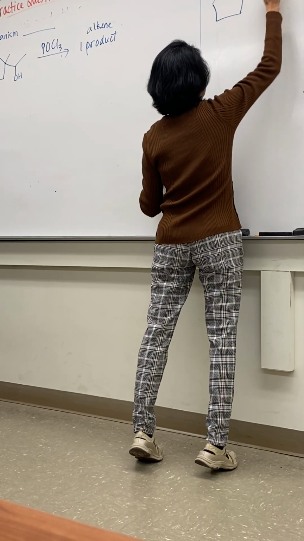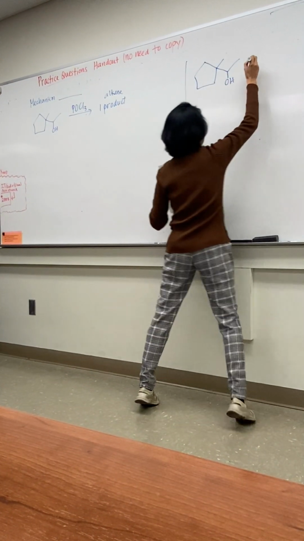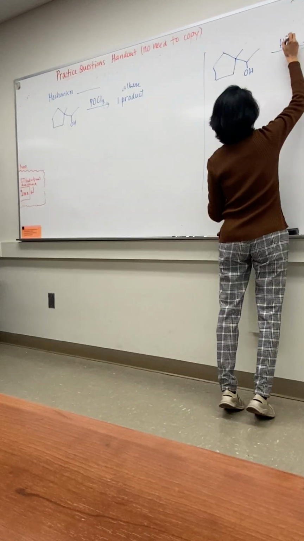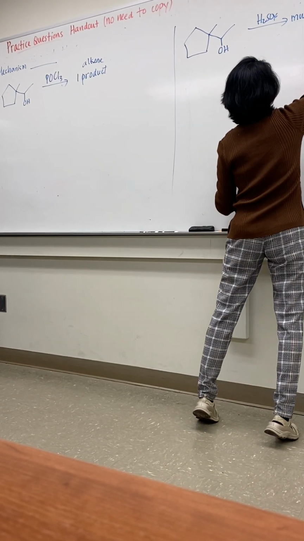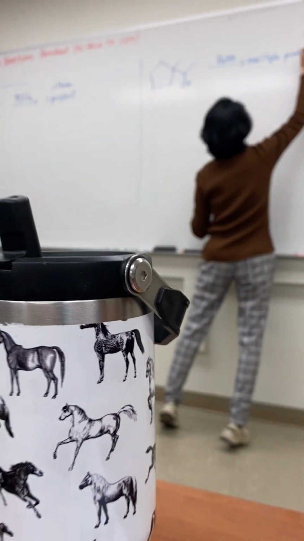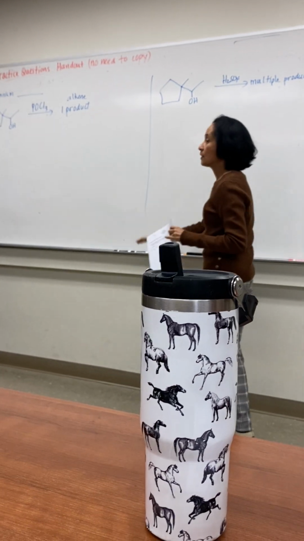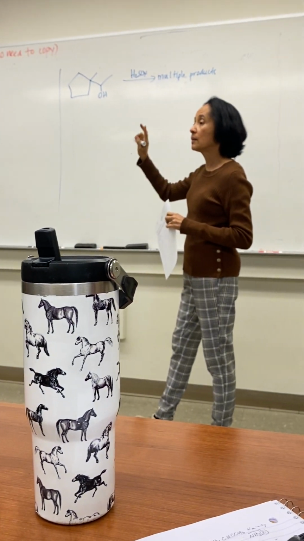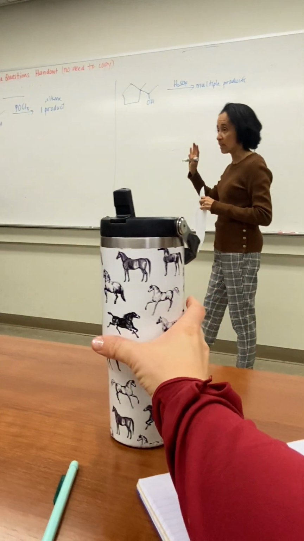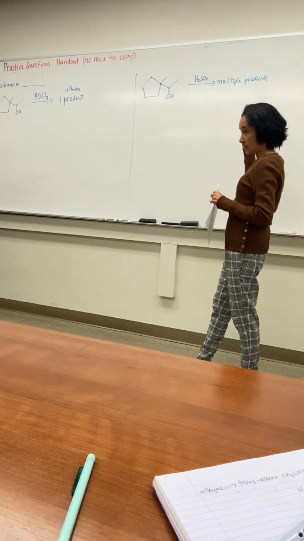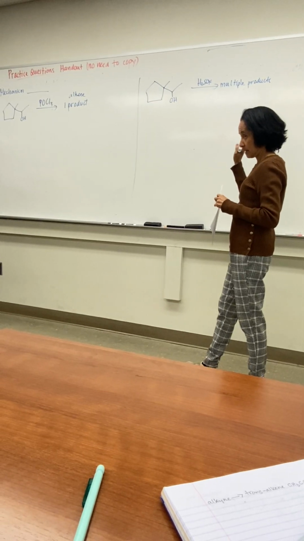I did this in class, right? And then I said multiple products, H2SO4. All right? So this one can undergo 2 things, alkyl shift and ring expansion, but not hydride shift. So review this, okay? All right.